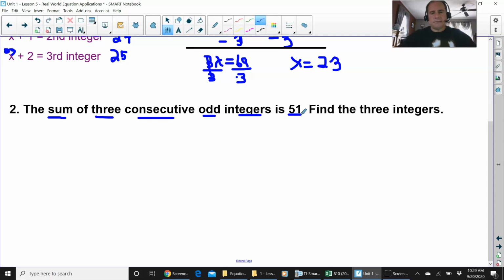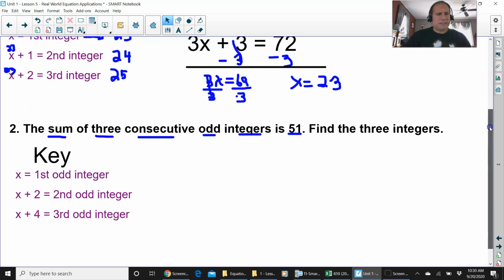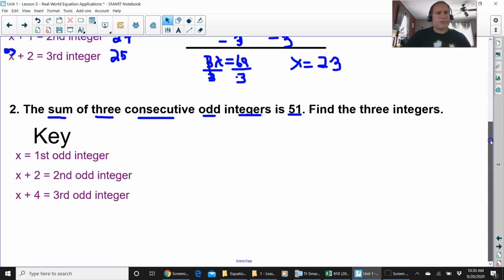Okay, hopefully you did put the key down, and let's review it. You know, like in the first question, it's x plus 1 and x plus 2 is the third integer. Well, you're talking about consecutive odd integers, right? So if the odd integer is, say, 7, the next odd integer, you would have to add 2 to 7 to get to the next odd integer of 9.